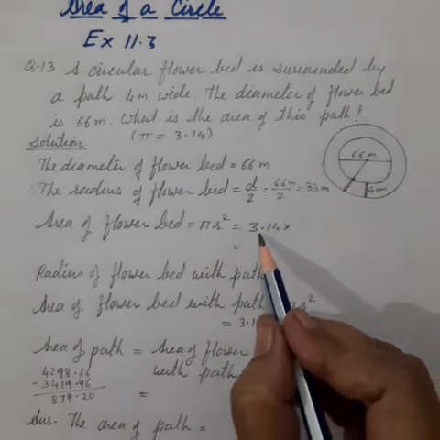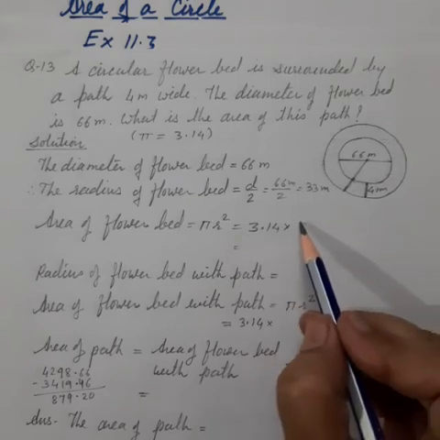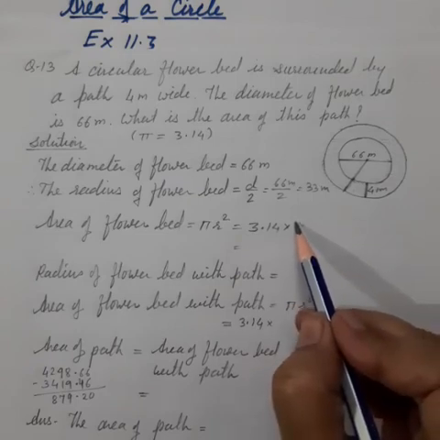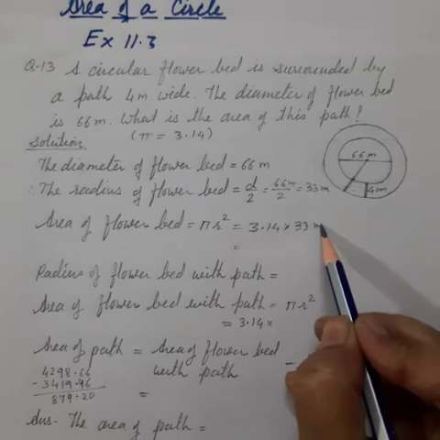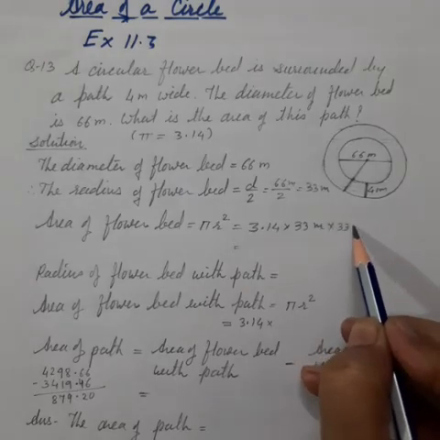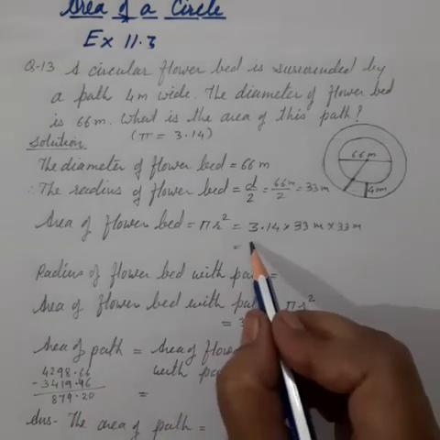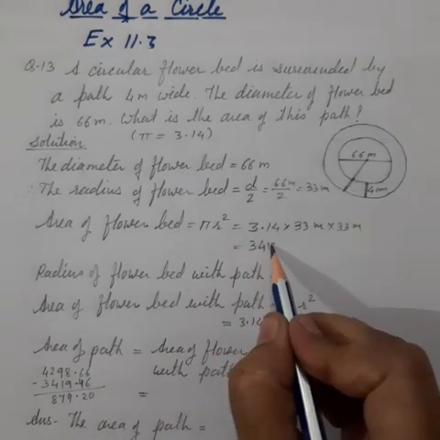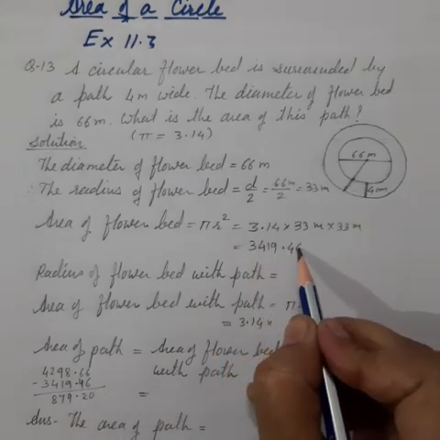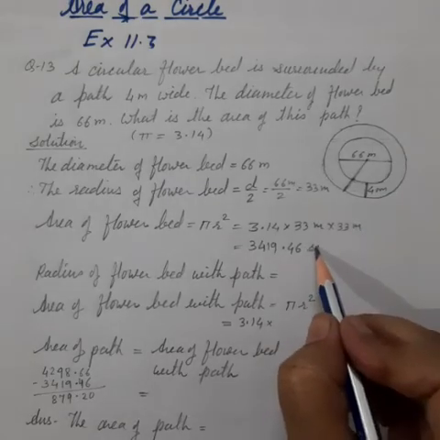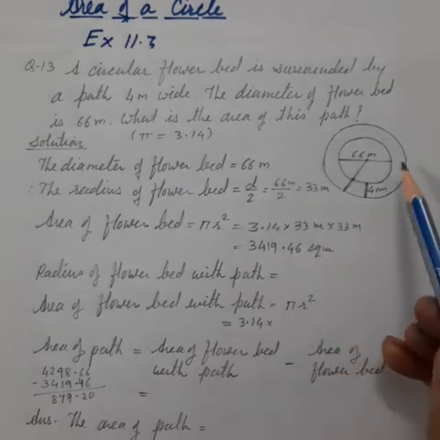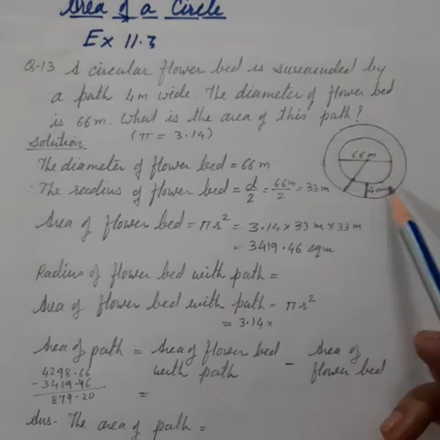Value of pi is given 3.14. Multiply it by radius into radius. Radius is 33 meter. Again 33 meter. After multiplying these three values, we get here 3419.46 square meter.